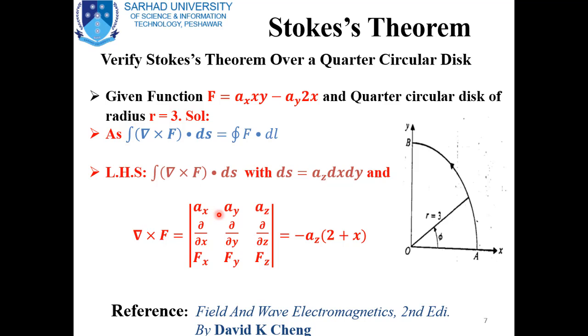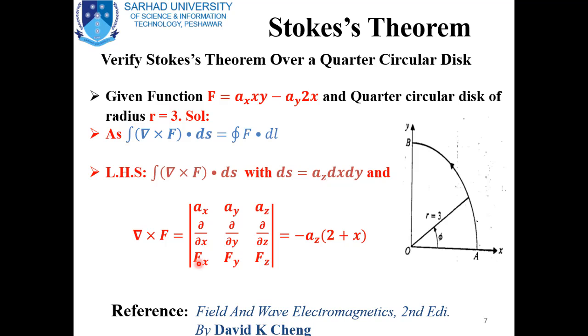So in the first row we have written the base Cartesian unit vectors, and in the second row we have written the partial differential operator, del over del x, del over del y and del over del z, and in the third row we have to write the elements of the given function, which are fx, fy and fz.